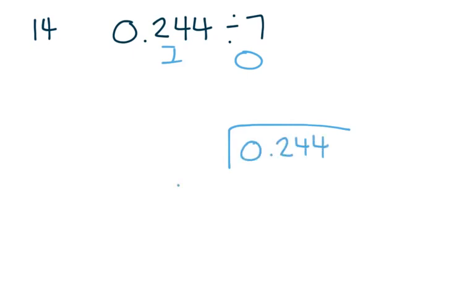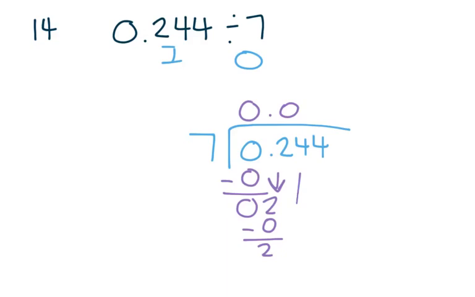The 7 will be on the outside. You will line up your decimals. Okay, and then we'll divide. 7 does not go into 0. Bring down the 2. 7 does not go into 2. 7 goes into 24 3 times.